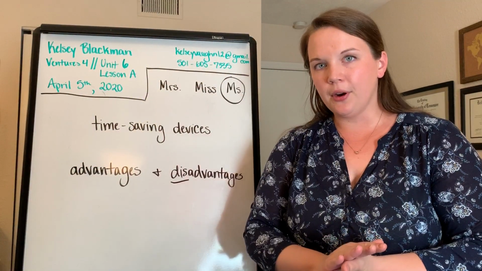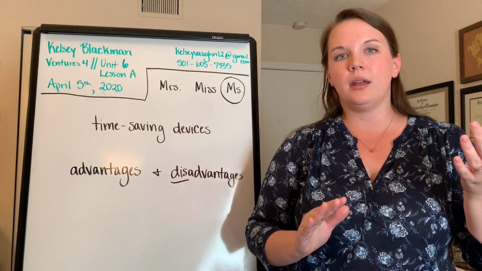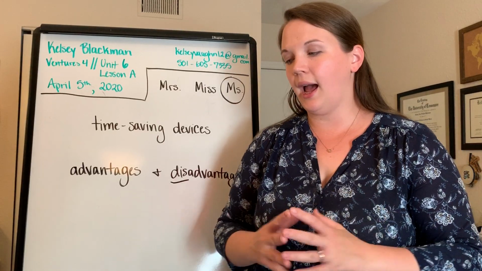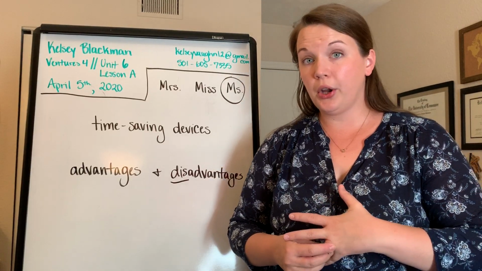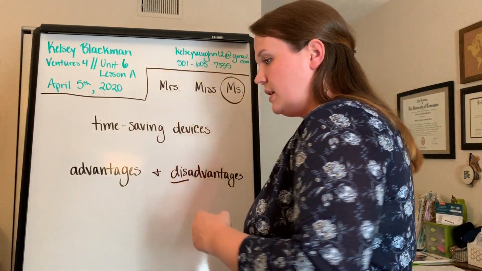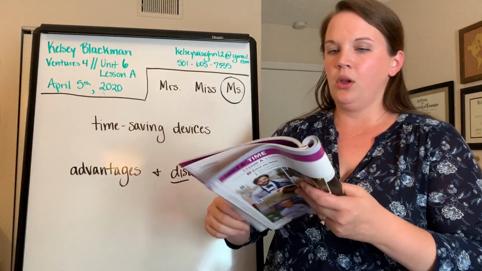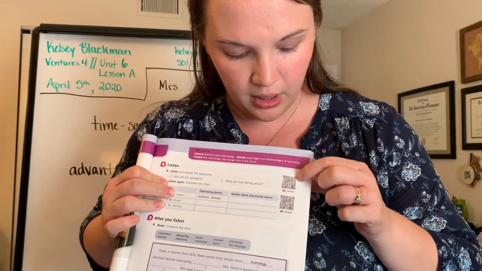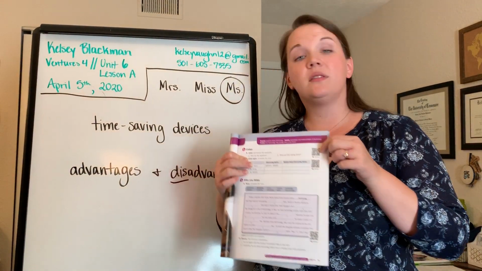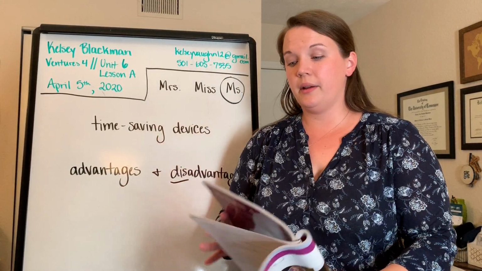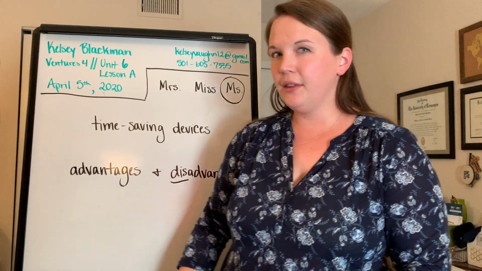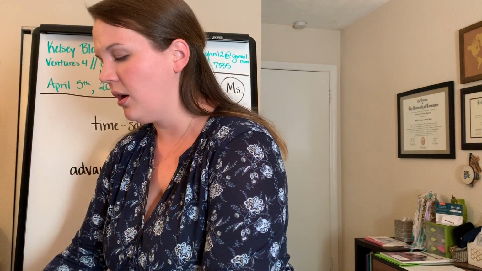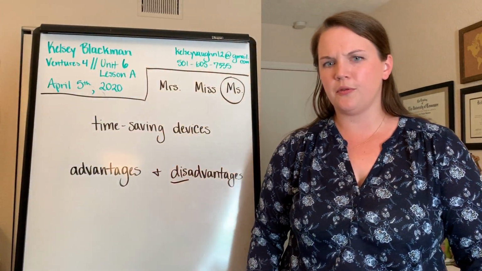So if you remember, some of you know already how to use the QR code. You'll see right here on page 71, I don't know if you can see that, the QR code. If you have a cell phone that has a camera, I think this works with most cell phones, although some of you have had trouble with this before.